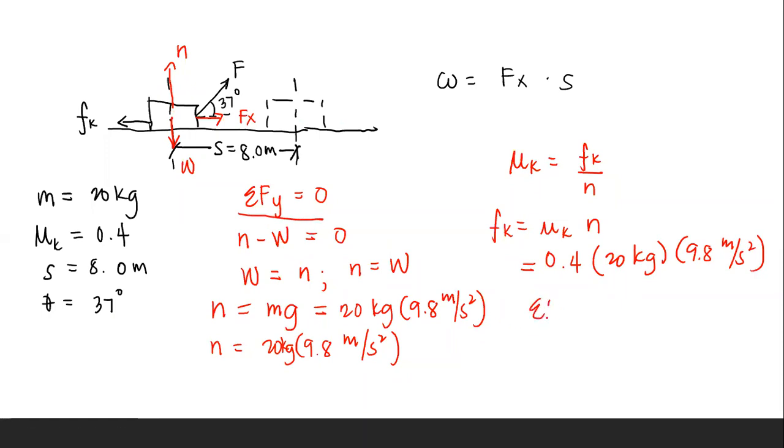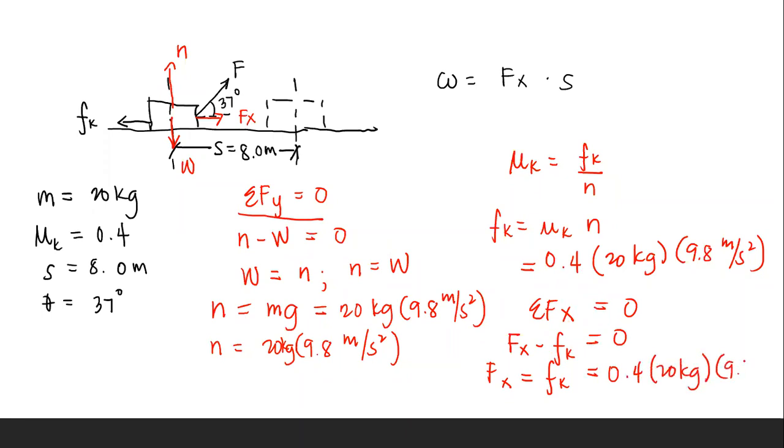Now, we have summation of forces at x equal to 0. What are the forces acting on the x-axis? You have your Fx and Fk. Fx minus Fk, going to the right positive, going to the left negative, is equal to 0, where your Fx is equal to the kinetic frictional force, which is your Fk, equal to 0.4 times 20 kilogram times 9.8 meter per second squared.